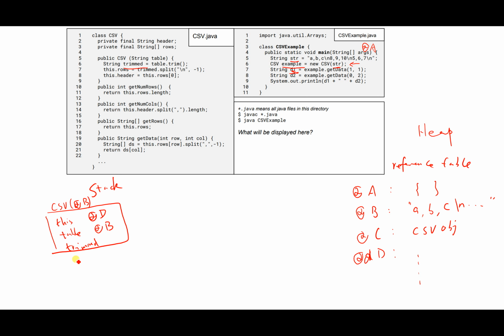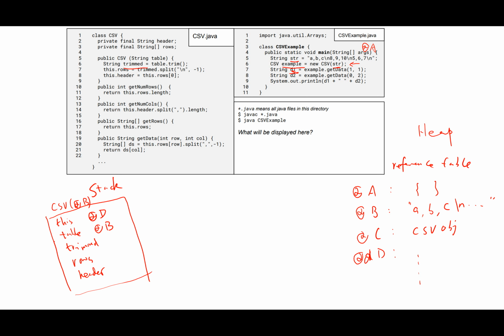And then you have rows. This box is a little bit too small. Rows. You have header. And rows, it is an array. It contains a bunch of things in there. It's a string array. So this is kind of how we did it in 8A.